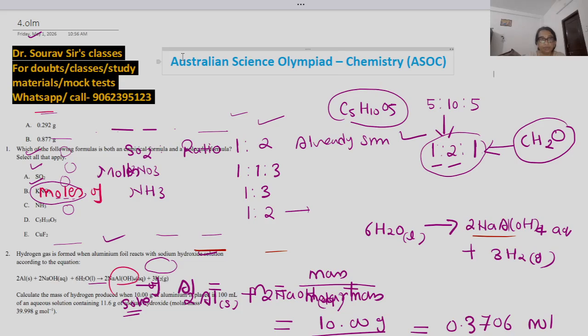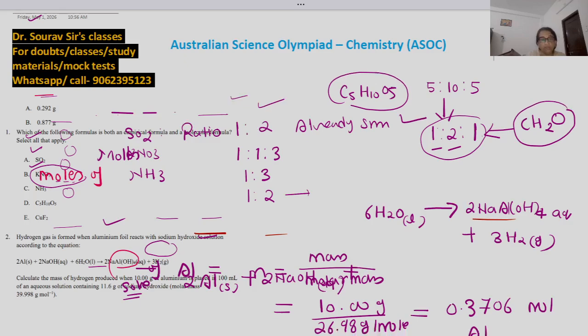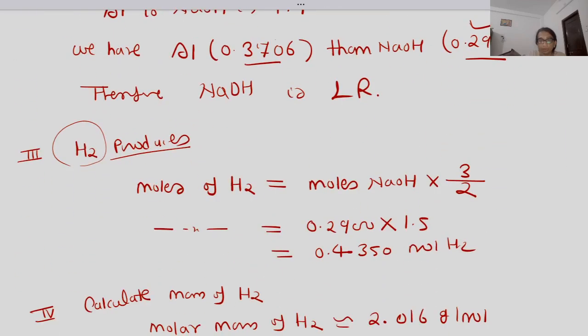Today we are going to solve Olympiad PYQs. The name of the exam is Australian Science Olympiad Chemistry. In this examination, there are two types of questions asked: MCQ types as well as subjective questions. In the previous video, we solved the MCQ type questions for the Australian Science Olympiad for the chemistry subject, and now we continue with this question paper.